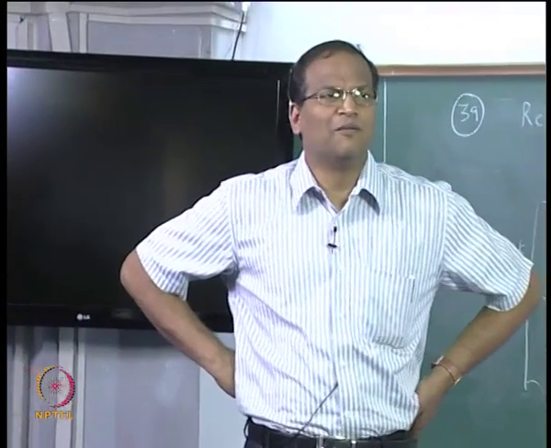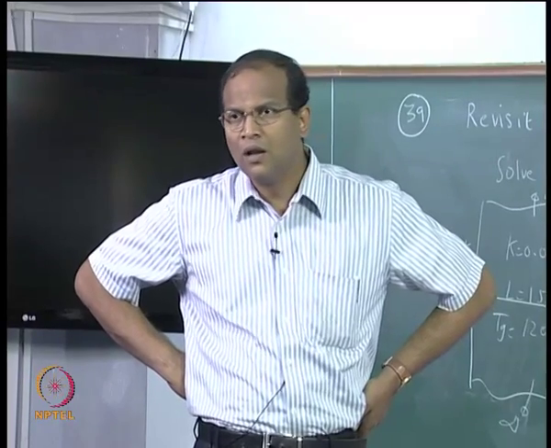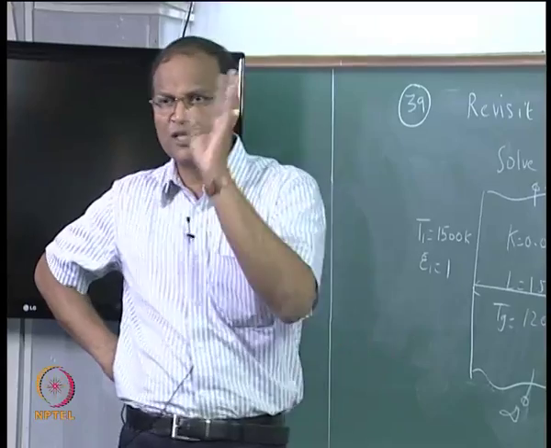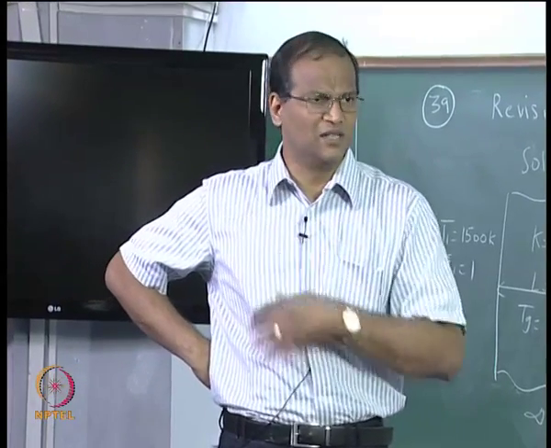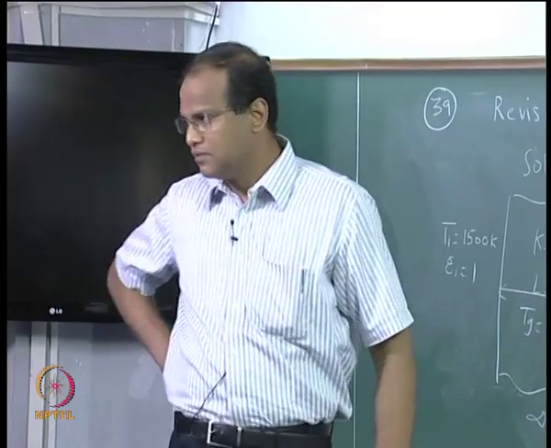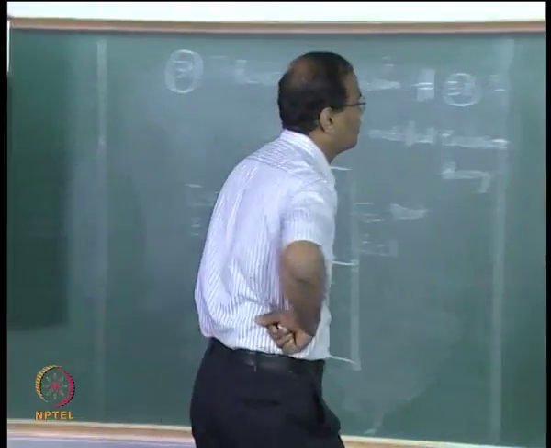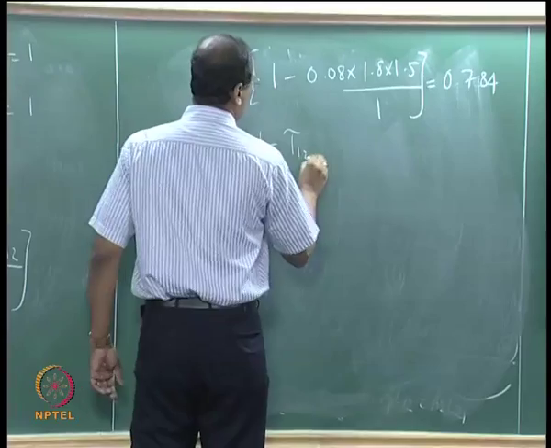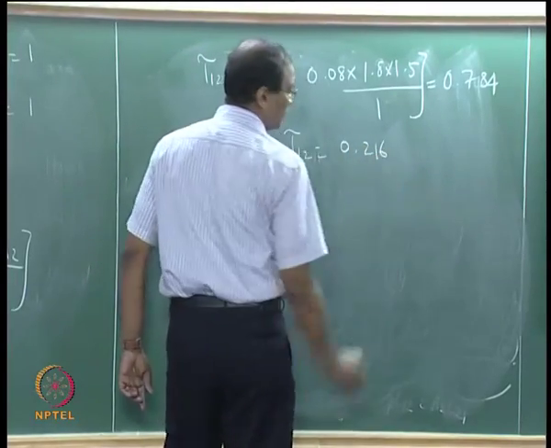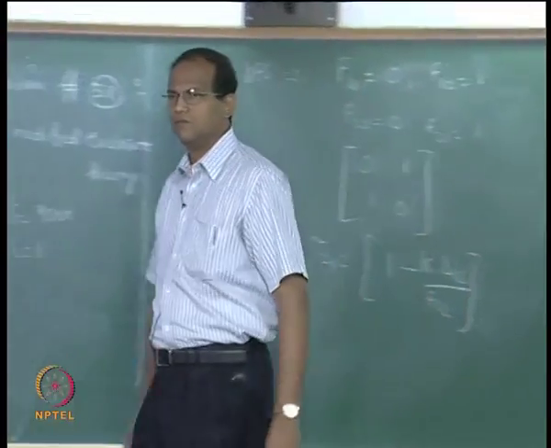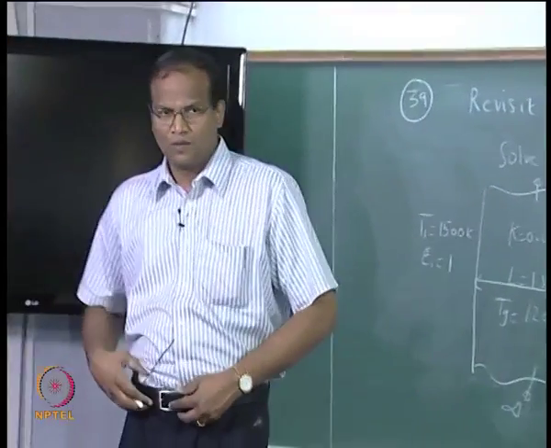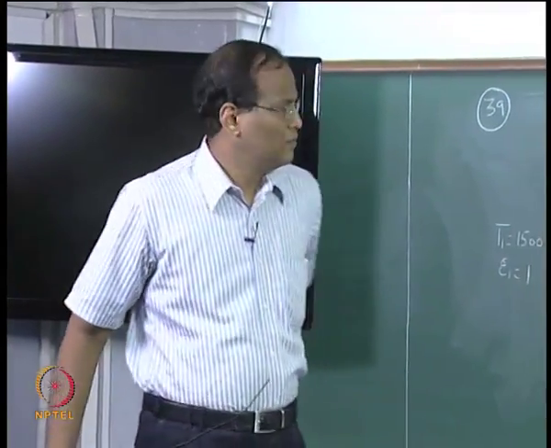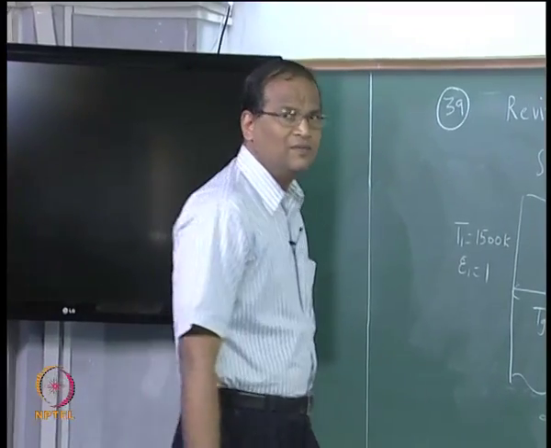What does it physically represent? 0.784 means the gas is allowing about 80% of the radiation to go through, only 20% it is absorbing, correct. What is epsilon g? Correct, okay.